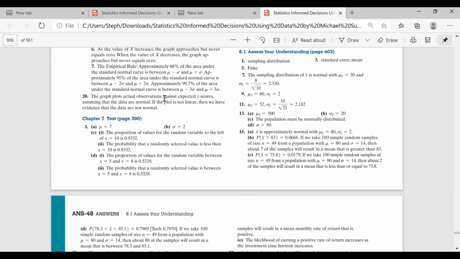But I don't understand why that would mean that it's normally distributed. I don't know. Weird. All right, well, that's the answer. That's the answer. I'm guessing maybe because, like, let's see.